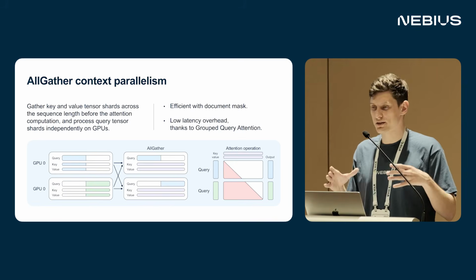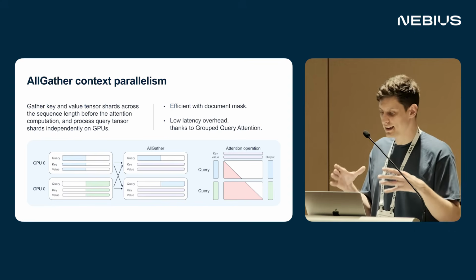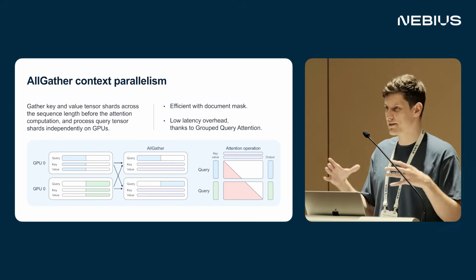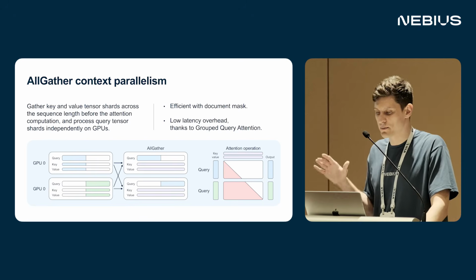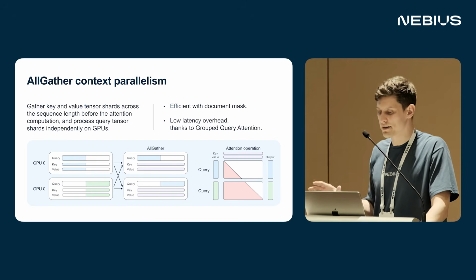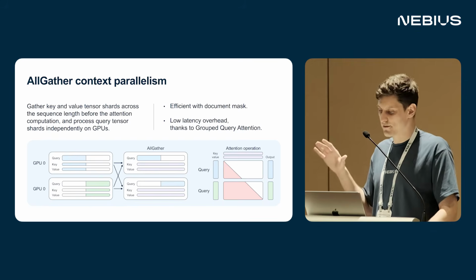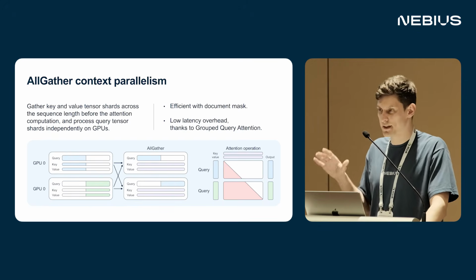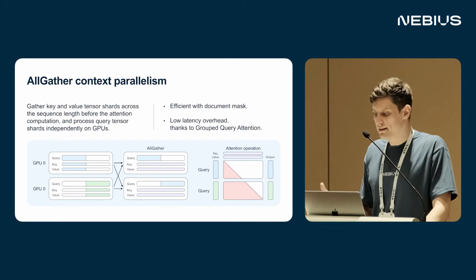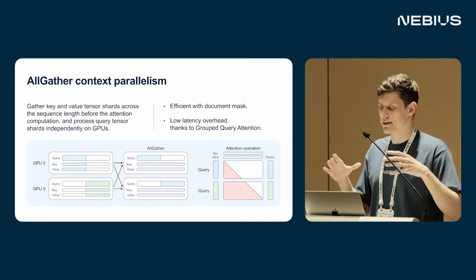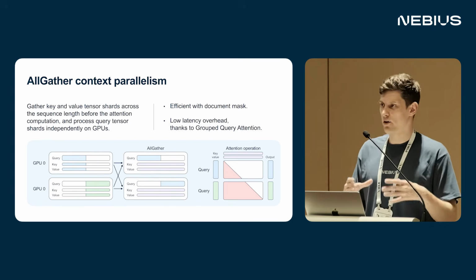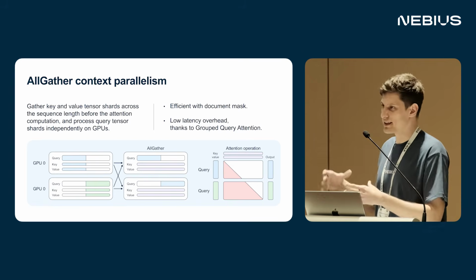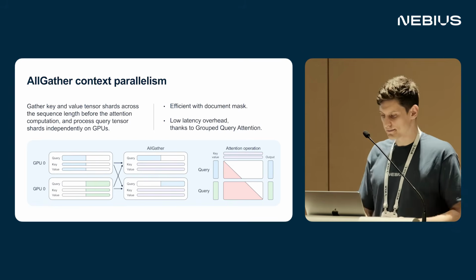Before the main attention computation, the key and value tensor shards are gathered from all GPUs. This means that each GPU temporarily has full key and value tensors replicated. Then each GPU calculates the correct slice of the output based on the local chunk of query and the full key and value tensors.